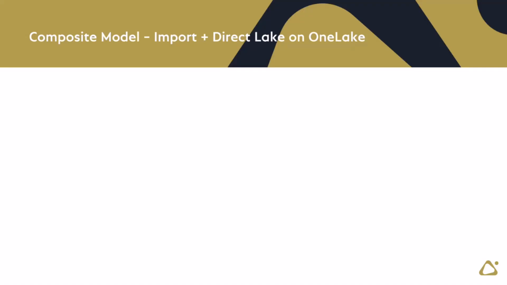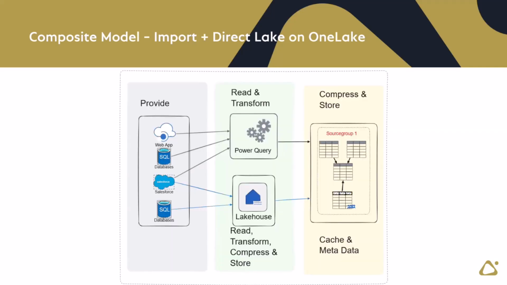The composite model that combines import and Direct Lake on OneLake is the newest composite model type available. It was announced in preview last year and reached general availability this year in March. From an architectural perspective, the data sources still have only the task to provide the data during load time.